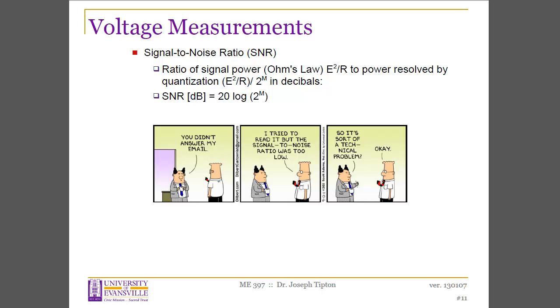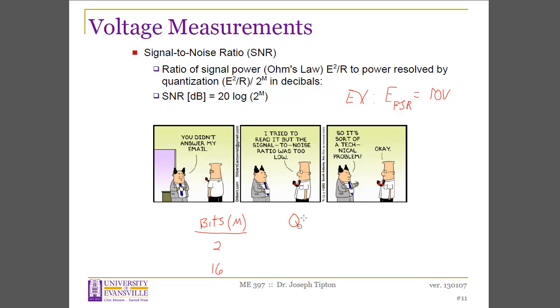So for an example, let's say we have a full-scale voltage range of 10 volts. Okay. Then if I look at bits, remember that's M in my calculation. Let's look at a 2-bit system. And just for the heck of it, let's look at a more realistic 16-bit system.